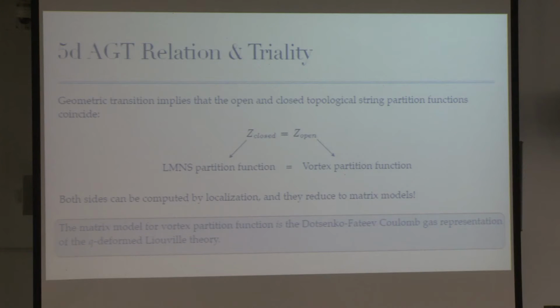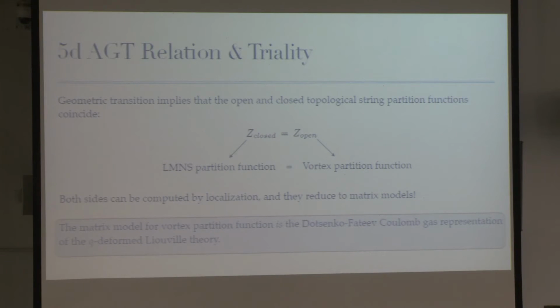So then the geometric transition would imply that the closed partition function is related to the open partition function. In fact, they're equal. If you translate the closed partition function in topological strings, that's related to the instanton partition function. On the other hand, the open amplitude is related to the vortex partition function.